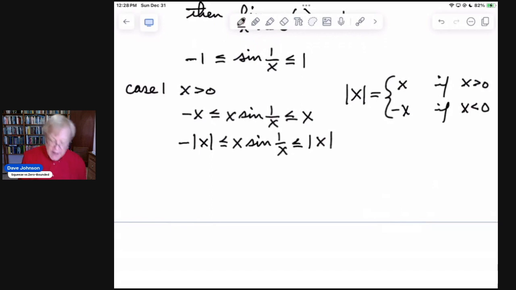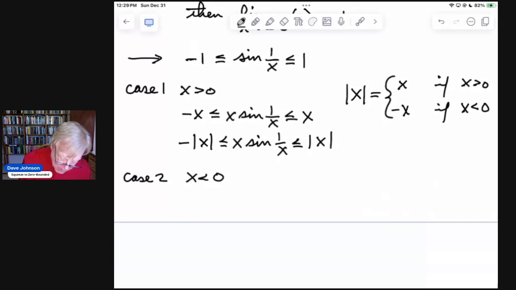Okay, so let's do case 2. Let me write that down. So case 2, x less than 0, and we're going to start here now and multiply both sides by x, but x is negative, and because it's an inequality, we have to change the direction of the inequality, and we do that.